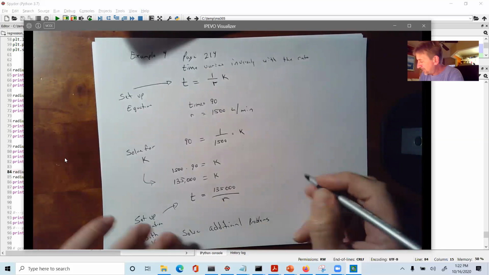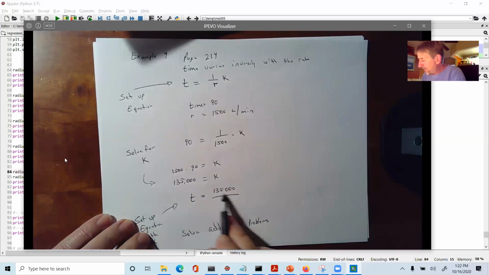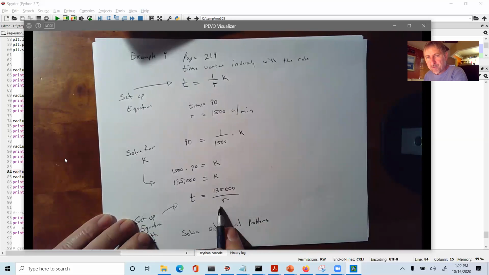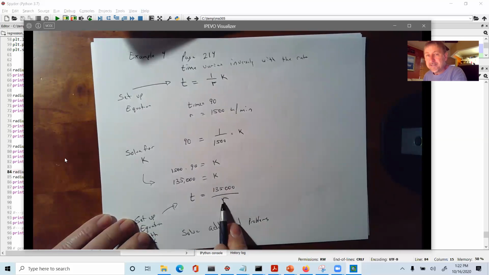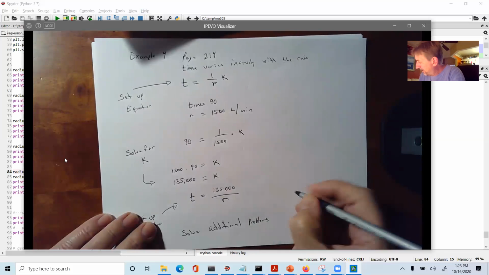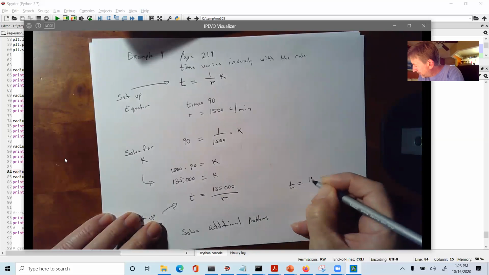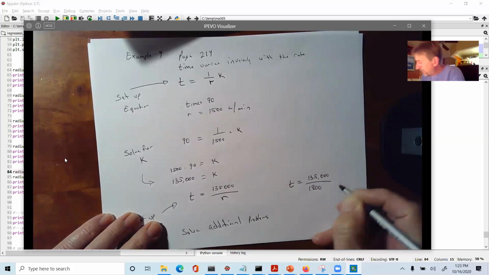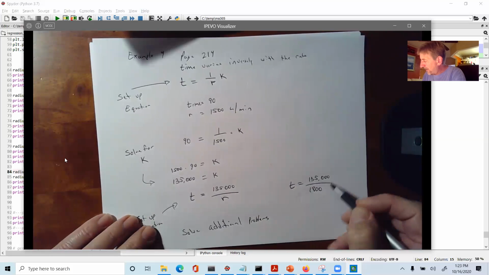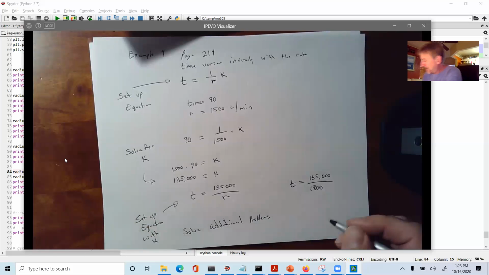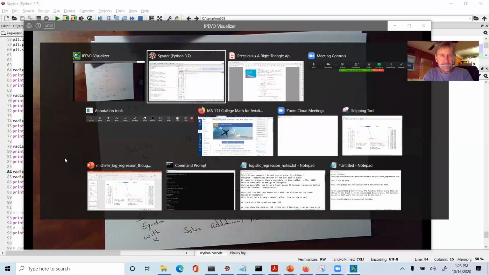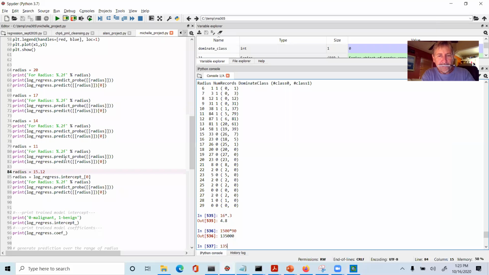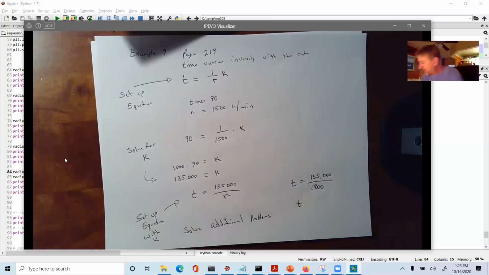So the next thing they asked us was, well, now that we understand the equation, what happens if we make the rate 1,800 liters per minute? So the time equals 135,000 divided by 1,800 liters per minute. I'm going to get 75 minutes.